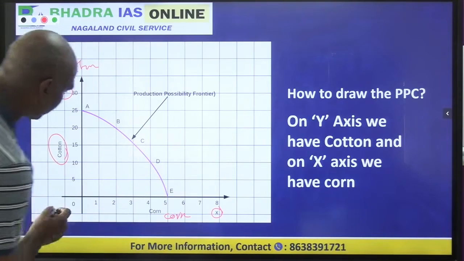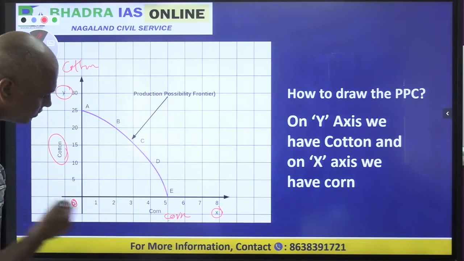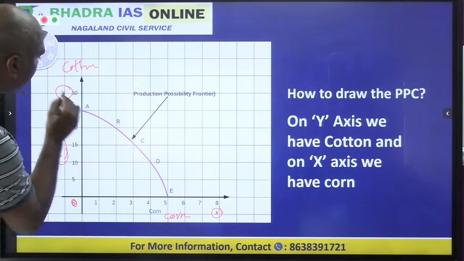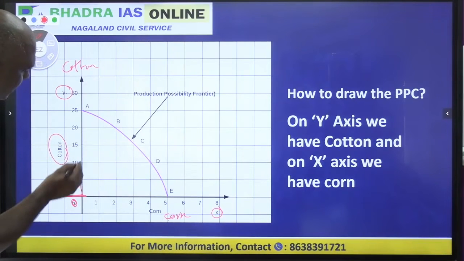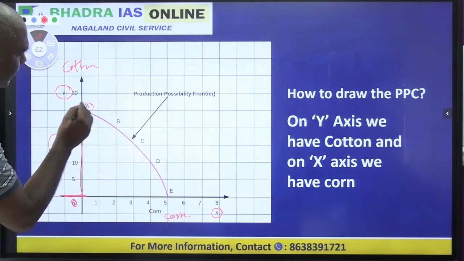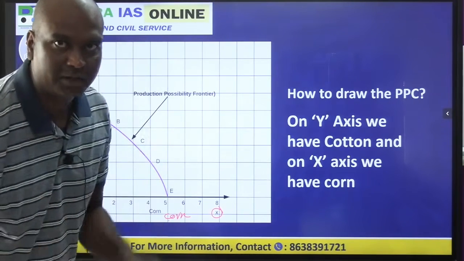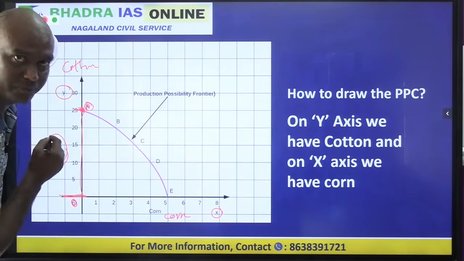Suppose if corn production I keep at 0, that means I don't produce any corn, I produce only cotton. So my capacity to produce cotton goes up here to point A. That is 25 tons of, say, cotton. Okay. So I get this point here, point A.